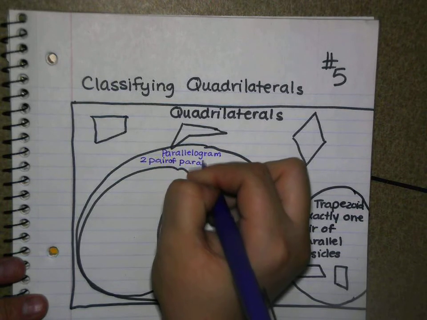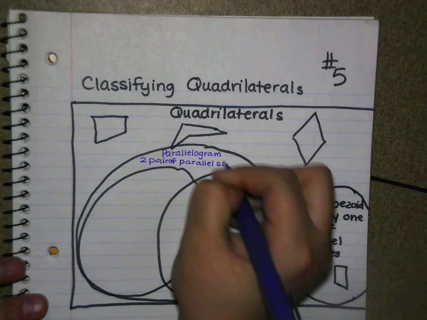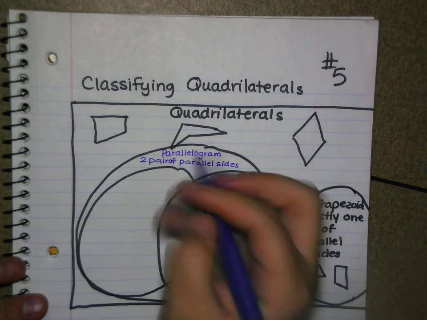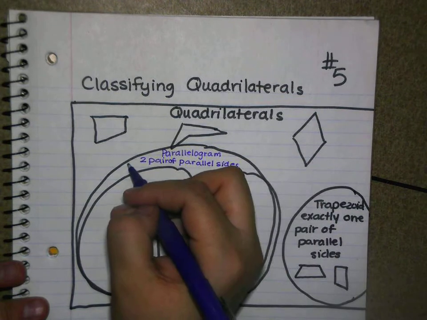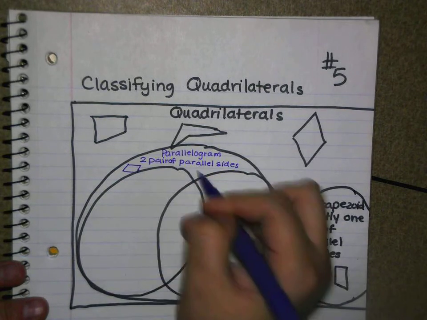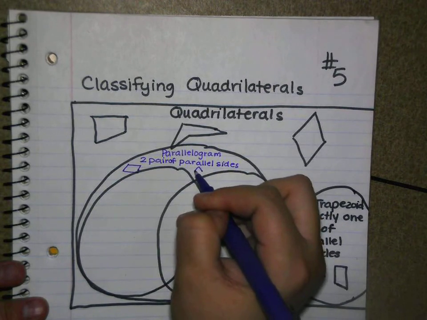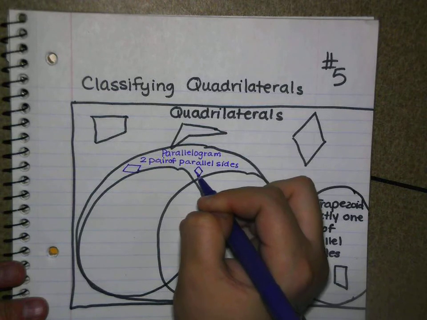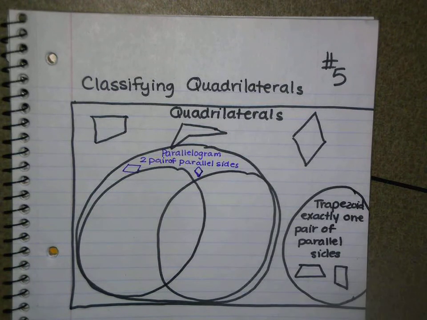Okay, so those might be something that look like this, or something that look like that, if I drew those correctly. Okay, so those are all parallel sides.